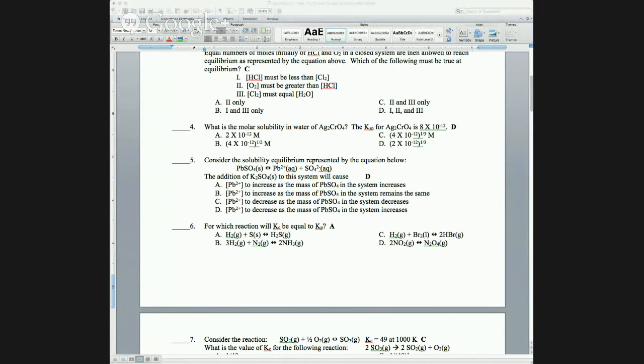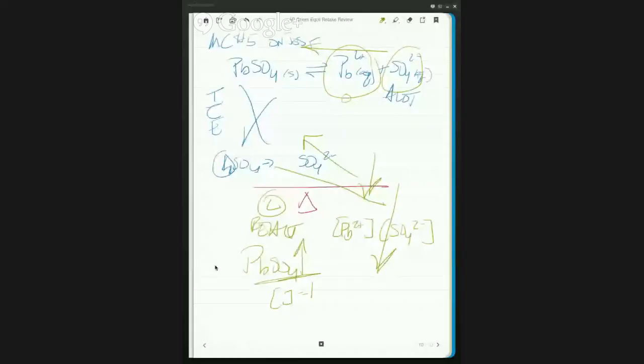So let's do this on the bamboo paper so you can see it. Multiple choice number 4 on the test.